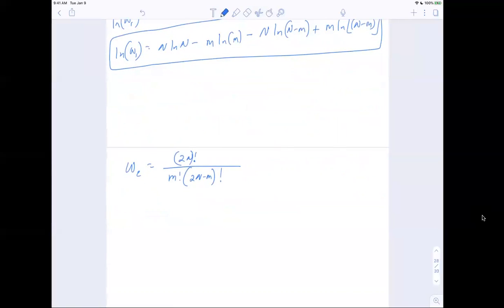And so the log of W2 is equal to log of 2n factorial minus log of m factorial minus the log of 2n minus m factorial. And now we just apply Stirling's formula or approximation.